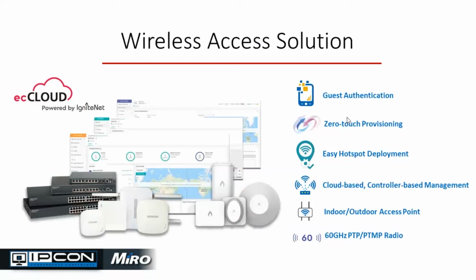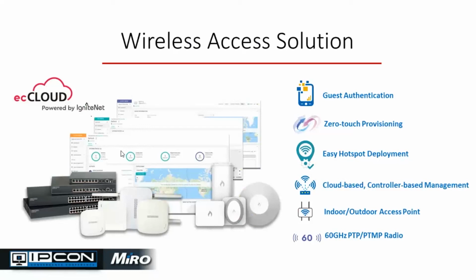And as of a few weeks ago, they launched their EC Cloud solution that was originally only working with IgniteNet to now also work with the EdgeCore switching solution. Tomorrow we're going to have a technical session where we're getting the guys from EdgeCore and IgniteNet to do a full live demonstration of this solution.